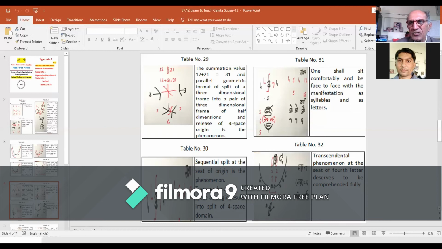It is the fourth sutra which also comes and makes its play as Kevale Saptakam Gunyat. Therefore, the limitation and ultimate reach of guna, of multiplication operation, which is to hold up till the value 7.